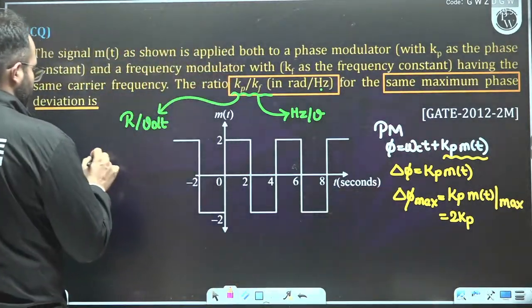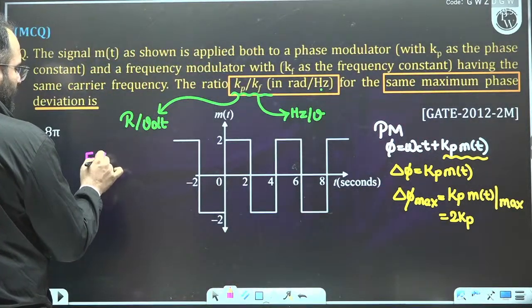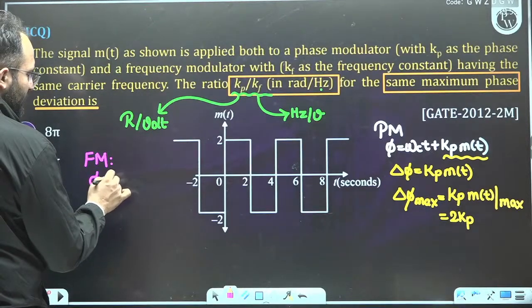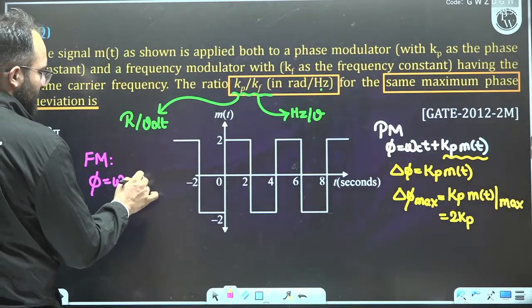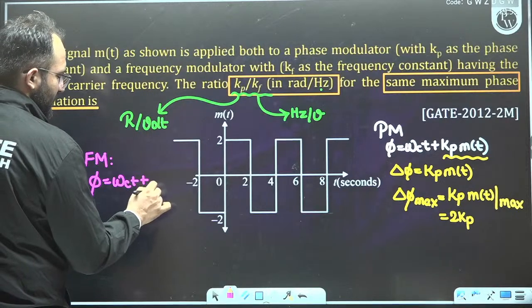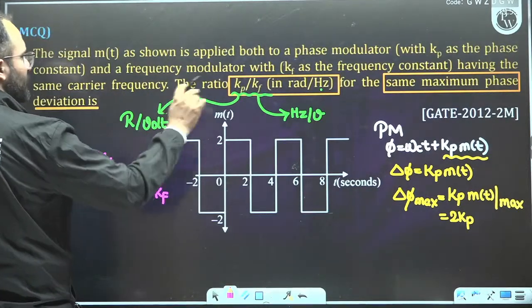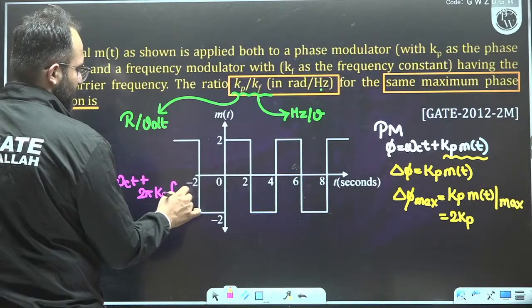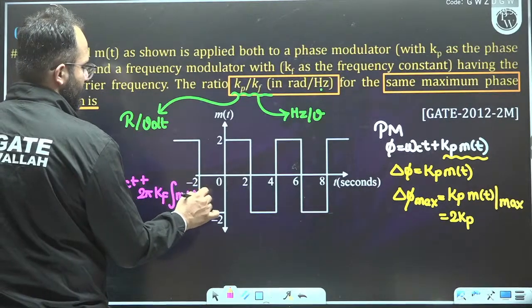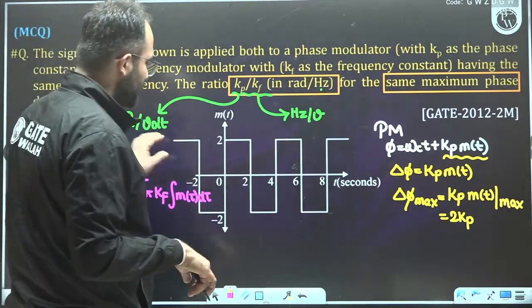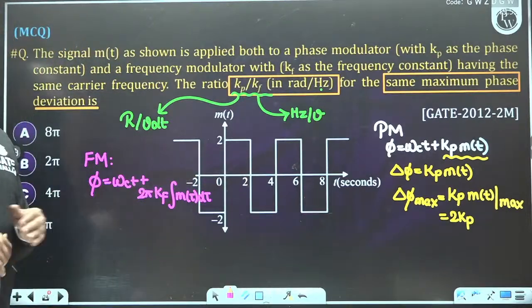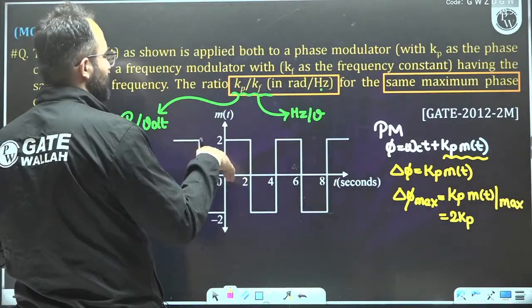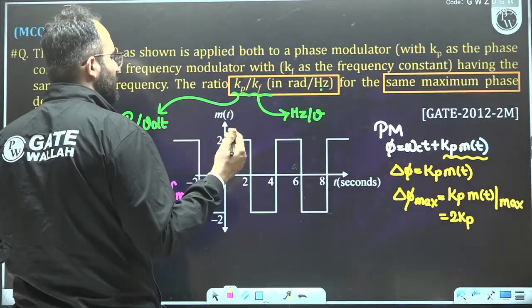We will see the FM. In case of FM, we know that the phase is omega ct plus 2 pi Kf times the integration of the message. Now why 2 pi? Because Kf is in hertz per volt. Now if we do the running integration of this rectangular wave, we will get a triangular wave.